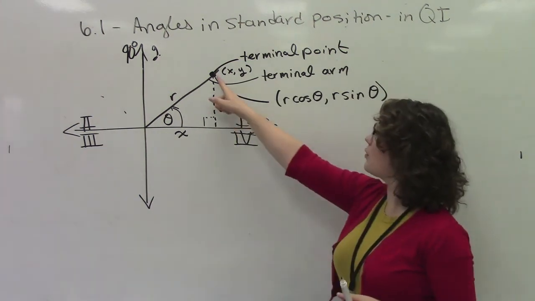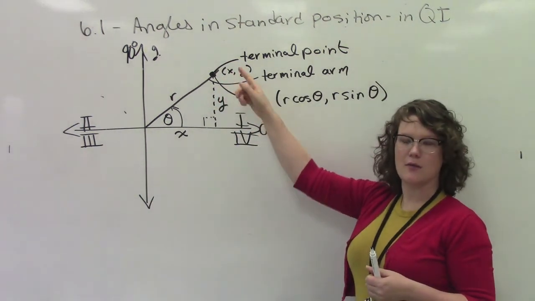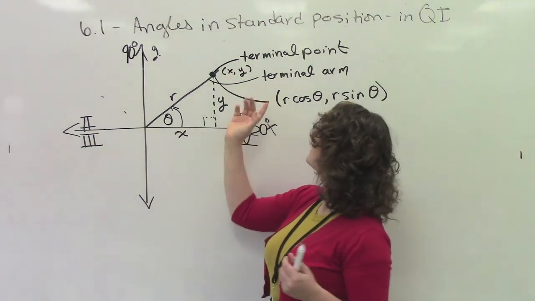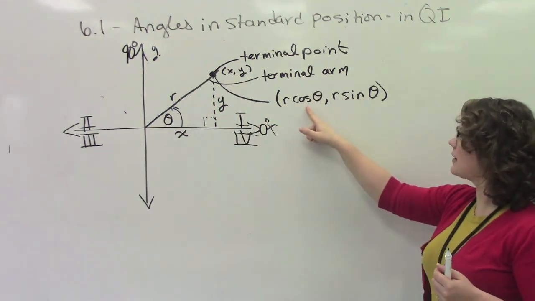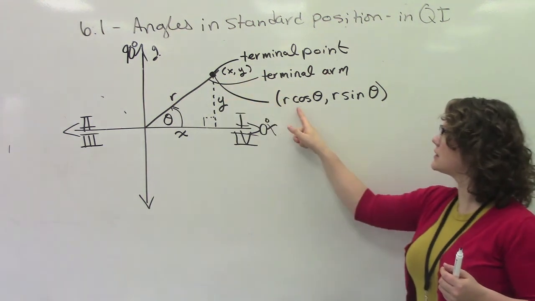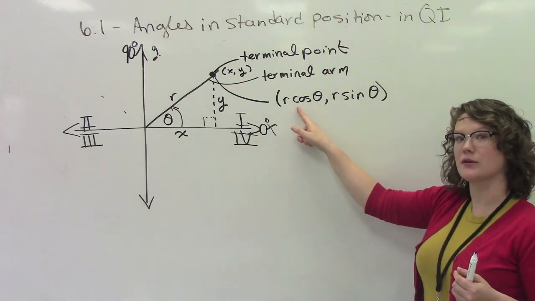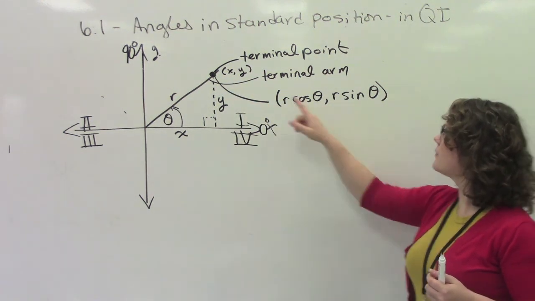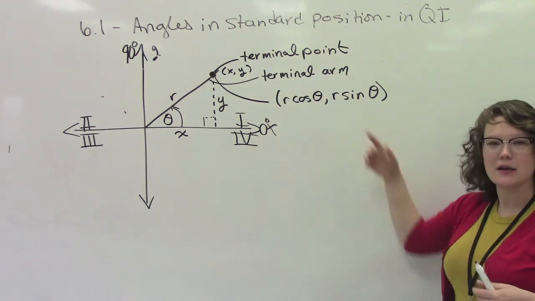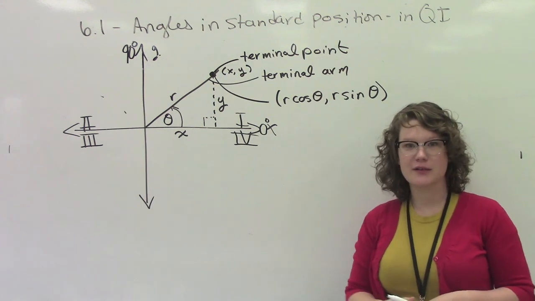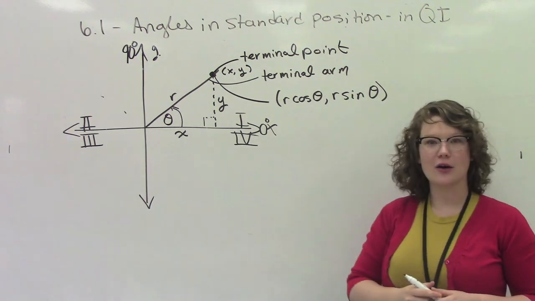Not only is this point x, comma, y, but when we have a terminal arm, when we are dealing with our quadrants, the value for x is also r times cos theta, and the value for y is also r times sine theta. So see if you can make that a challenge for yourself this weekend. See what that correlation is.